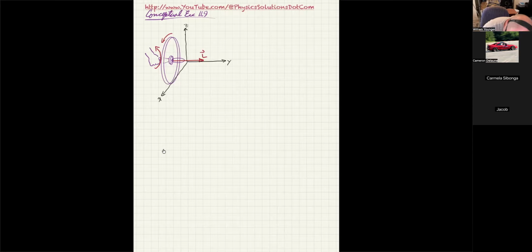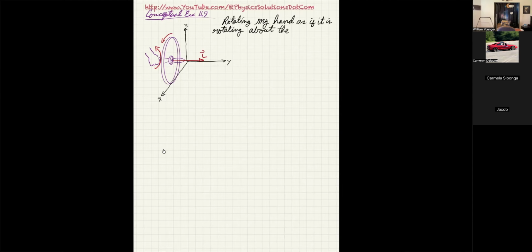Rotating it this way, as if it is rotating about the x-axis.